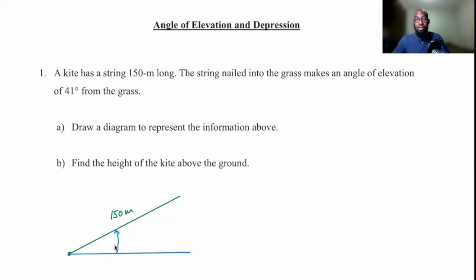This is your angle of elevation, and this is 41 degrees. As I said before, it's a right angle triangle, so you just close your triangle. This is your right angle triangle happening right here, 90 degrees.